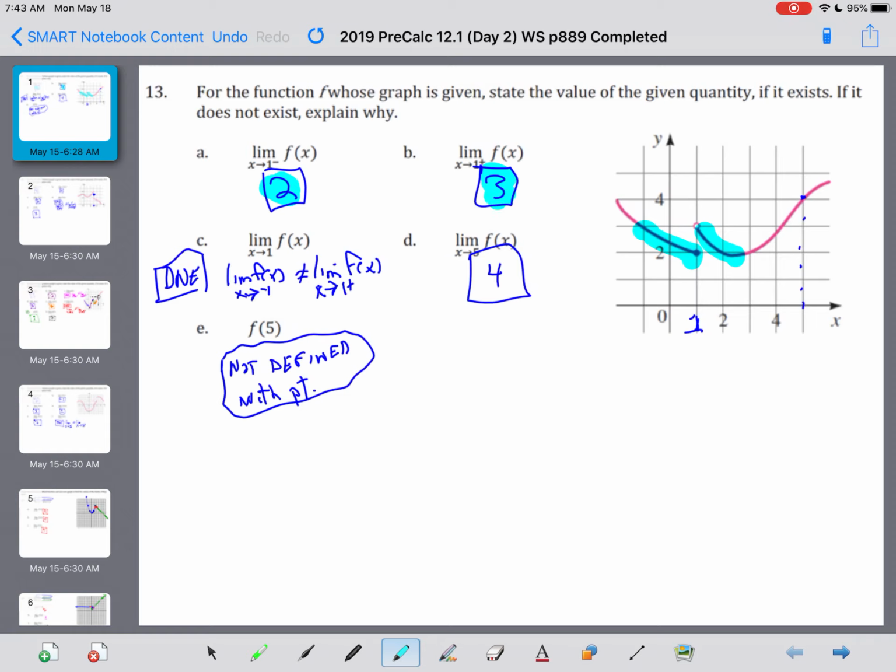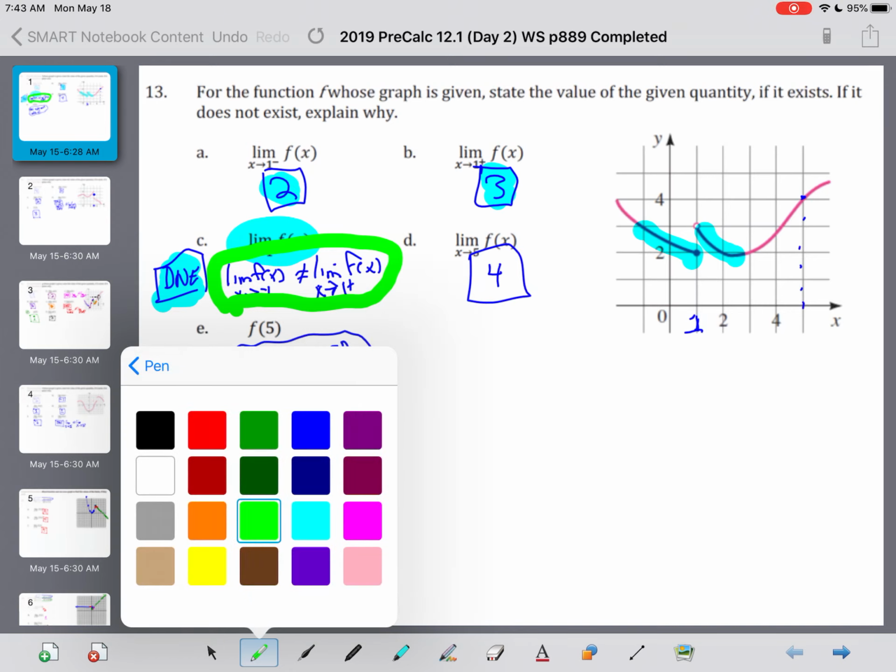And that means the limit as it approaches 1 does not exist because the two functions are not the same, as their limit values are not the same. There's a jump there. If there's a jump, the limit does not exist.